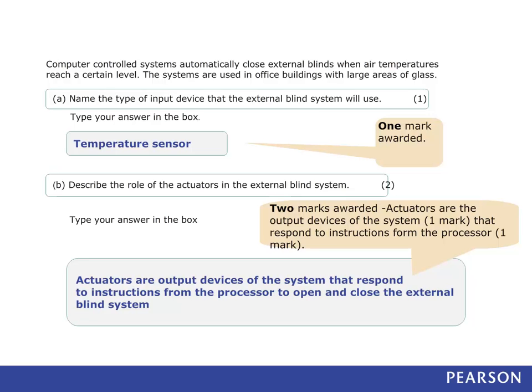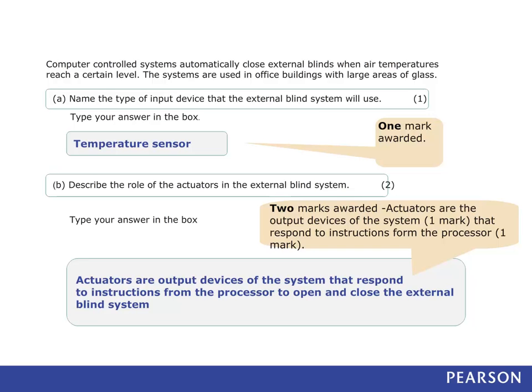As you can see, 1 mark was awarded for Part A and 2 marks for Part B. Most learners performed well in both parts of the question. Part A. Learners identified that the system would use a sensor as an input device, many of which were able to demonstrate understanding that a heat sensor or thermistor would be used.